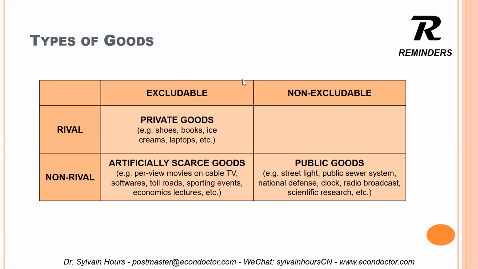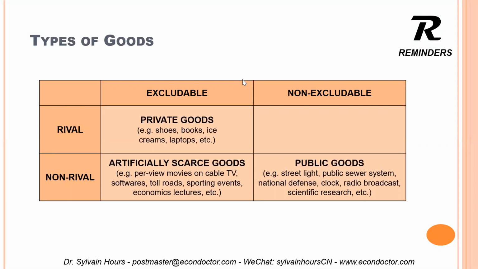If you have a clock in your classroom, it's non-excludable in the sense that, well, we could argue, of course, but you could say that the clock is non-excludable because even those who have not paid for the clock can look at it and know what time it is. And it's non-rival because the fact that I look at the time on the clock does not prevent any of my classmates or students from looking at what time it is.